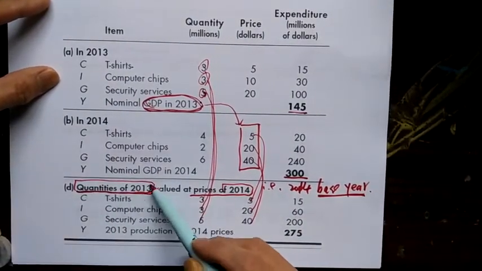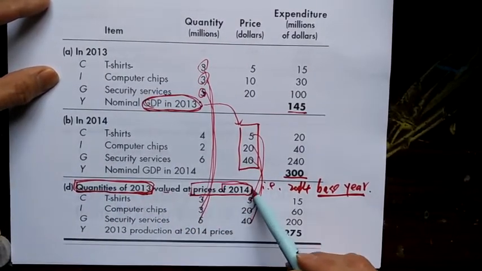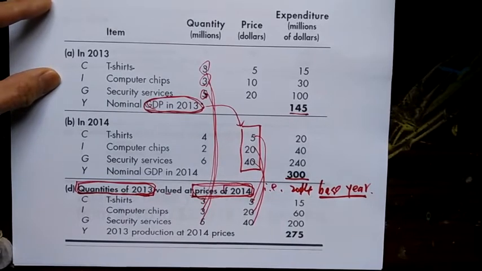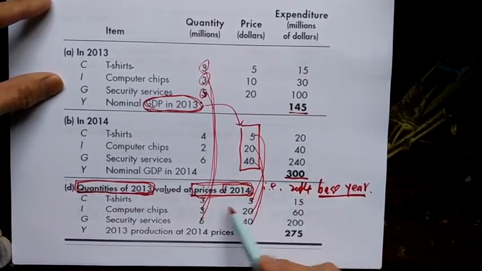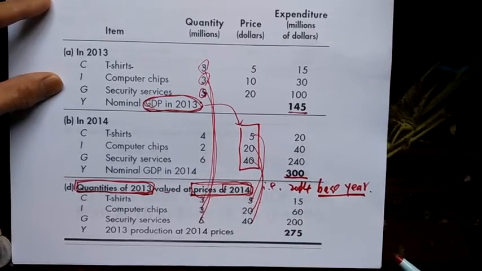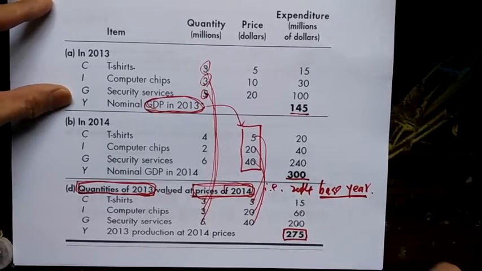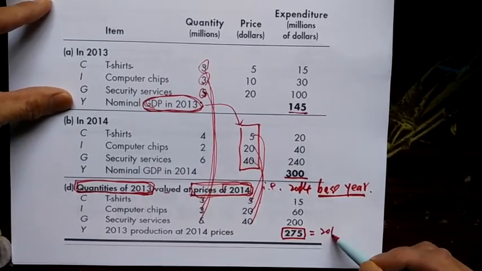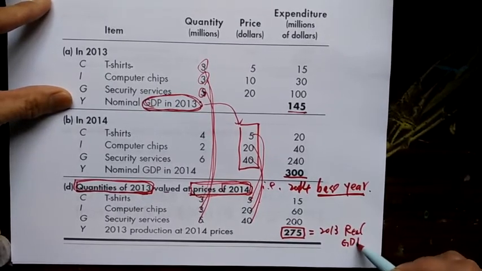That is the production of 2013 valued at the prices of 2014. The answer is 5, 3, 5, 3, 15, 3, 20, 60, 200. The answer is 275. So this is the 2013 real GDP.